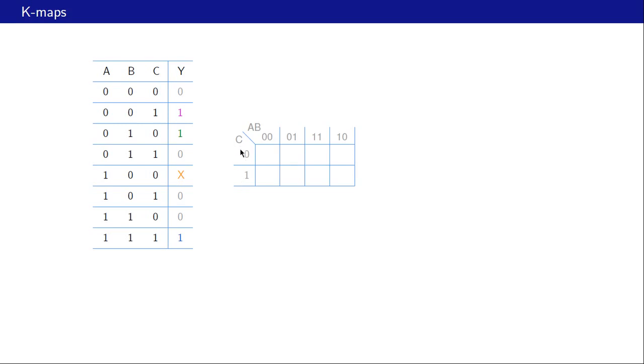This is C, and this means C is 0 here, C is 1 here. These correspond to the values of A and B. Here A is 0, B is 0, A is 0, B is 1, A is 1, B is 1, A is 1, B is 0.